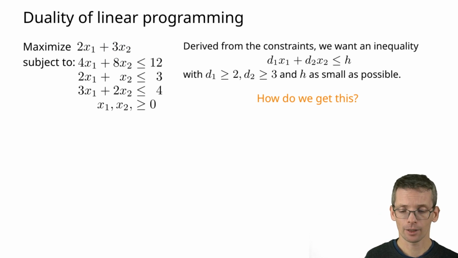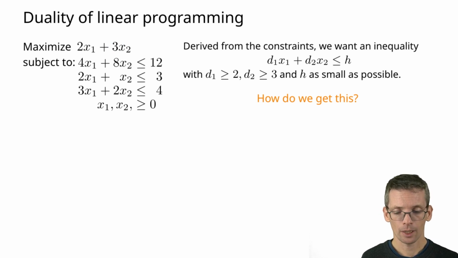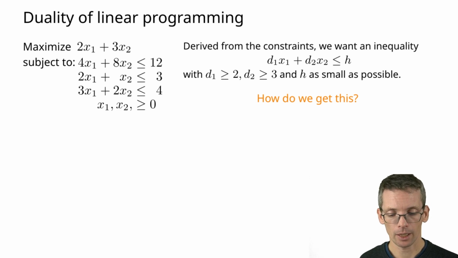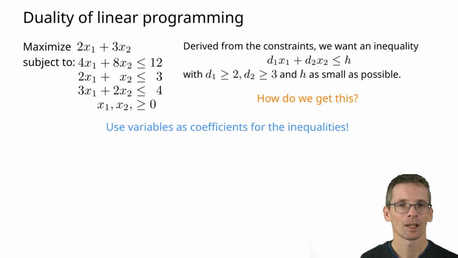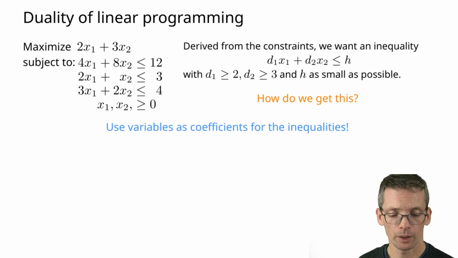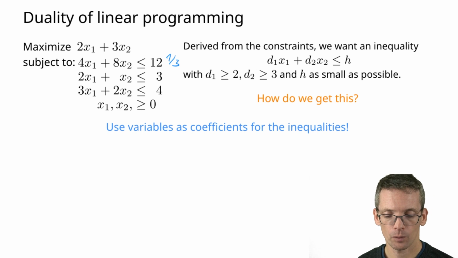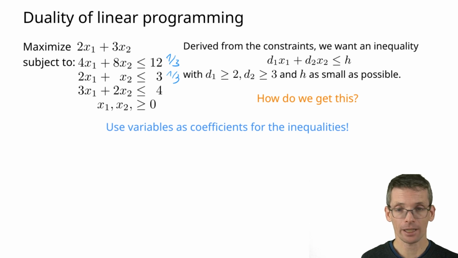The idea of this linear program is now that we can use variables to decide the coefficients for each of the inequalities. Previously what we did, we took 1/3 times the first inequality and 1/3 times the second inequality and added that up.